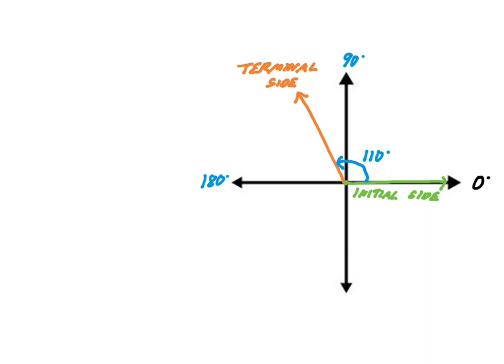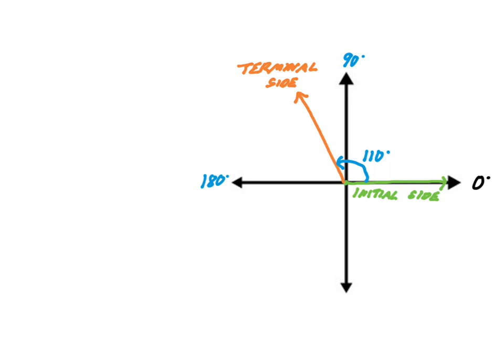Now, I want to get into this. Is there another way I can name this angle? Well, we can name an angle using another angle that has the same initial side and the same terminal side.